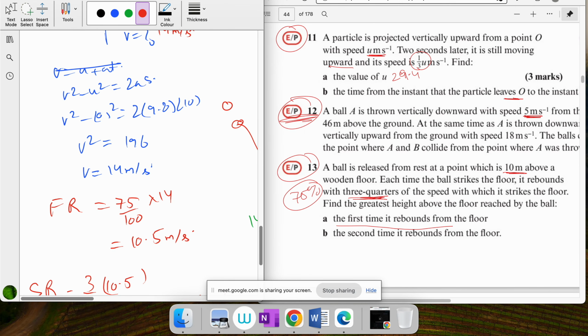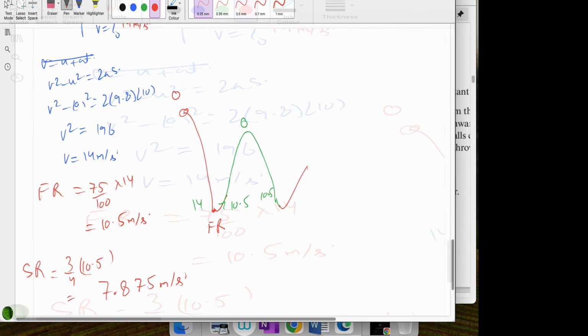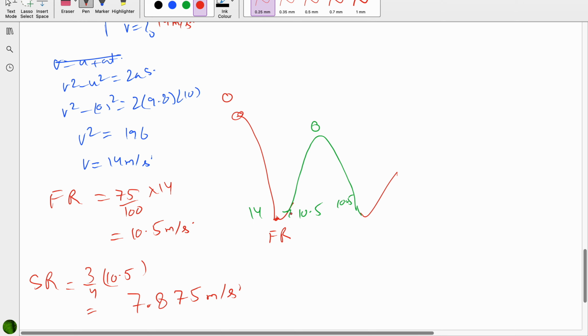Anything you need to ask? Is this clear? I just skipped that and I found speeds. So distance, that's not an issue. After the first rebound, this is the distance. I know the initial speed, I know the final speed. Final speed is 0, initial speed is 10.5, and acceleration is minus 9.8. We don't have time, so we avoid that, and we use v square minus u square equals 2as.